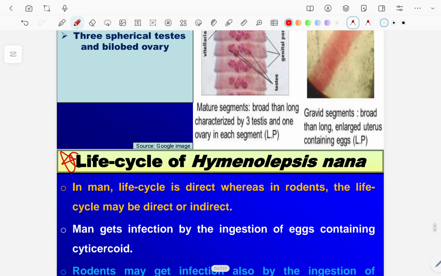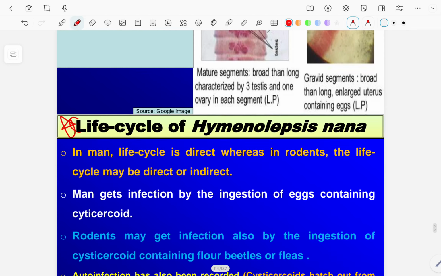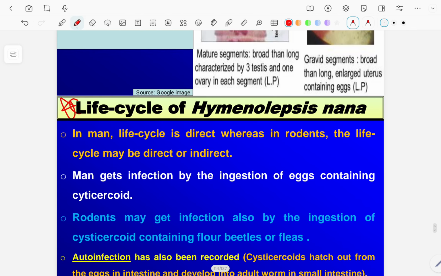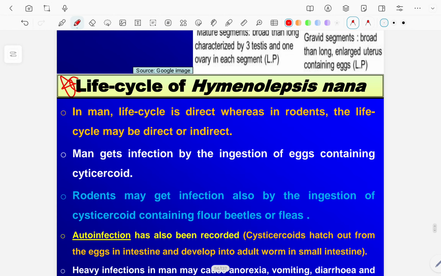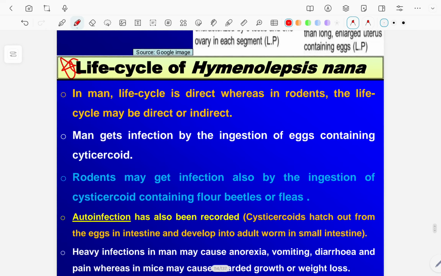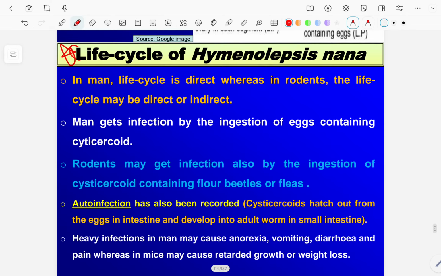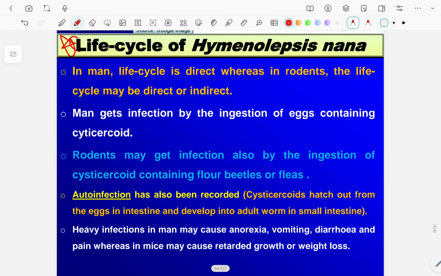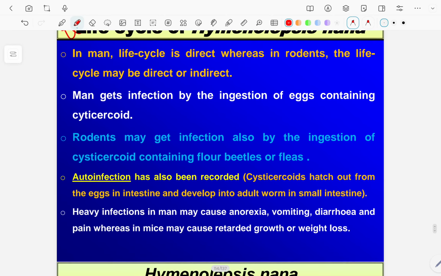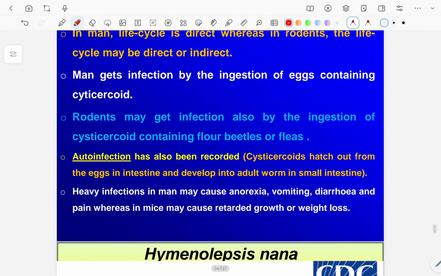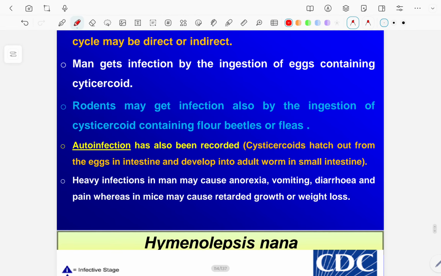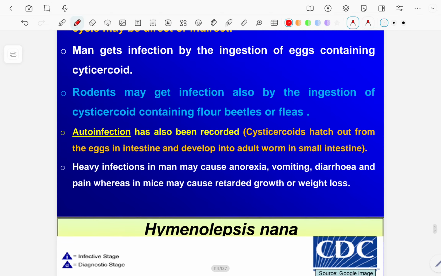Life cycle of Hymenolepis nana. In man, the life cycle is direct, whereas in rodents the life cycle may be direct or indirect. Man gets infection by the ingestion of eggs containing cysticercoid. Rodents may get infection also by the ingestion of cysticercoid-containing flour beetles or fleas.